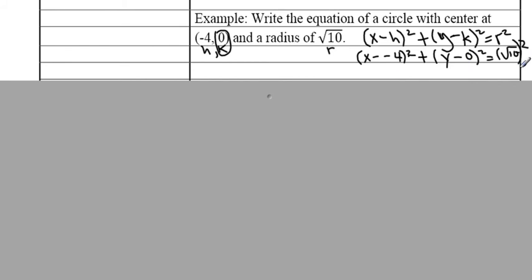And I'm going to clean all of this up here. X minus a -4 is just x plus 4, and we're going to square that. Y minus 0 is just y, and we're going to square that, and you actually don't need the parentheses there because y squared with parentheses is the same as y squared without parentheses. And that'll equal the square root of 10 squared.